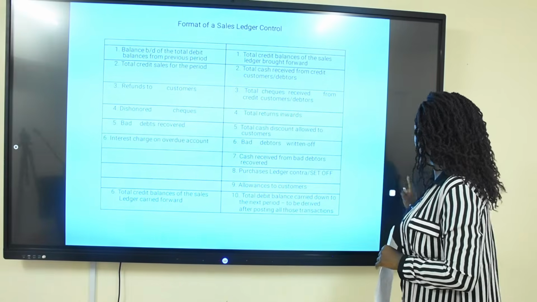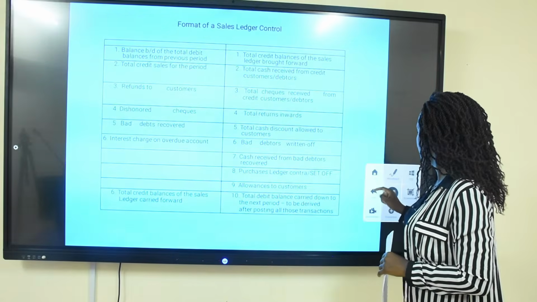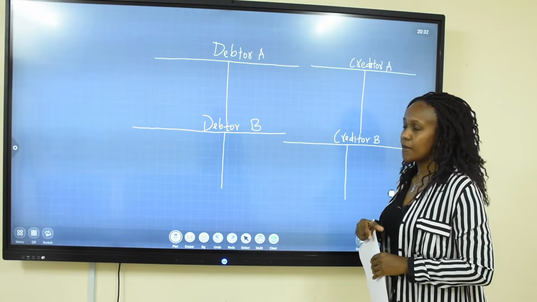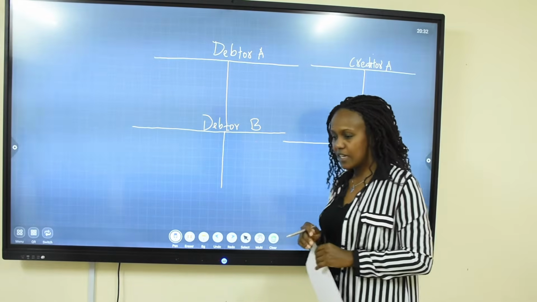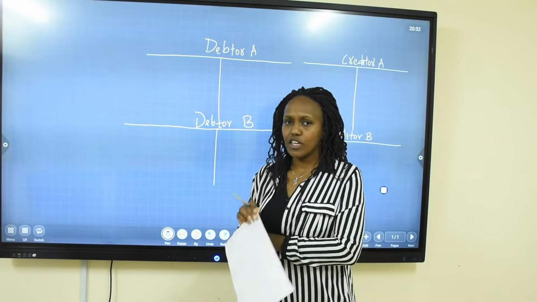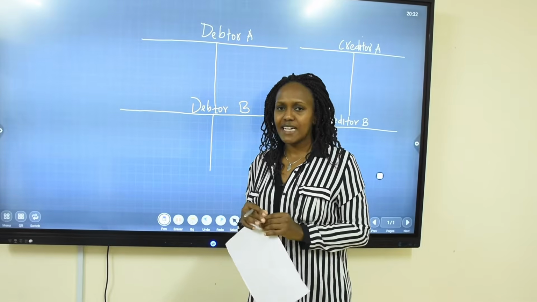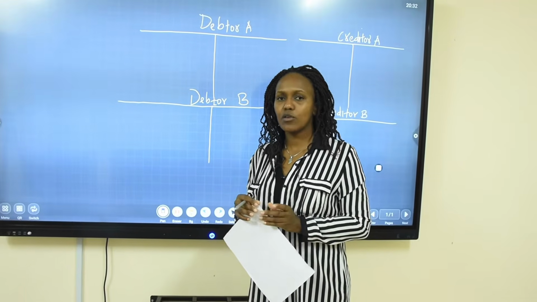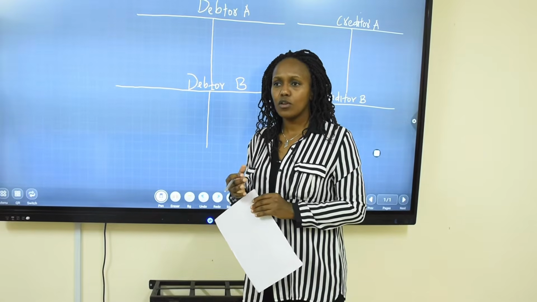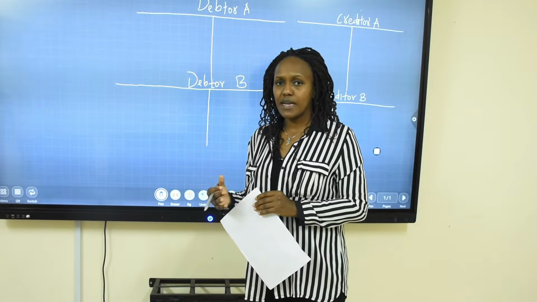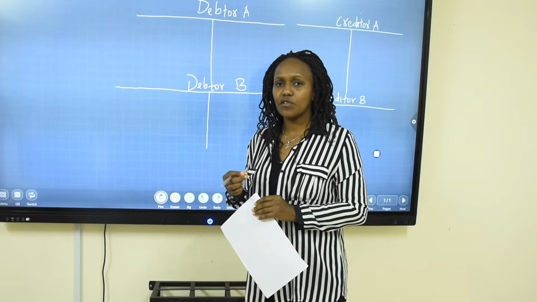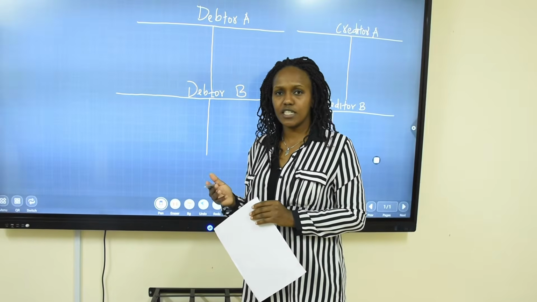Before we come to the format of the control accounts, I would like to explain a few items. Let us imagine we have many debtors in an organization. A debtor is also called an account receivable. This is a person who owes the organization money, resulting from selling to that customer on credit.